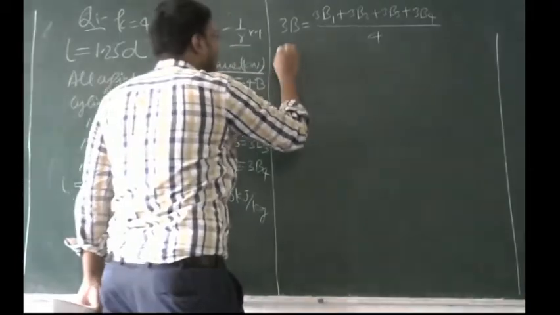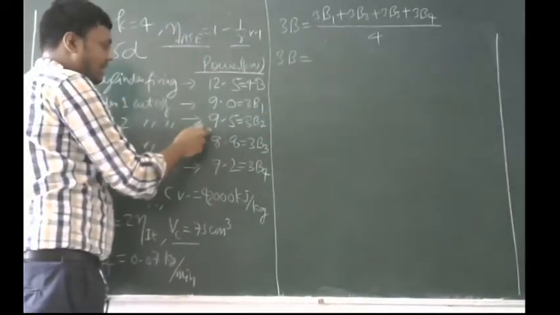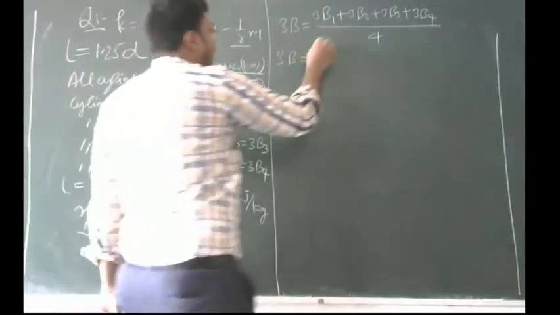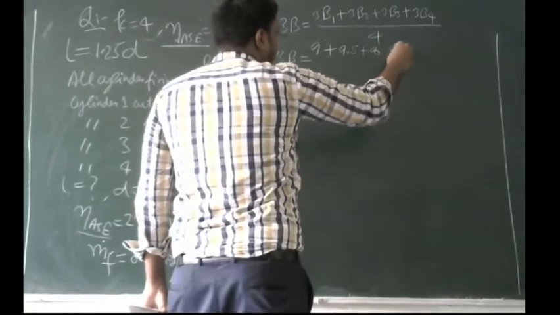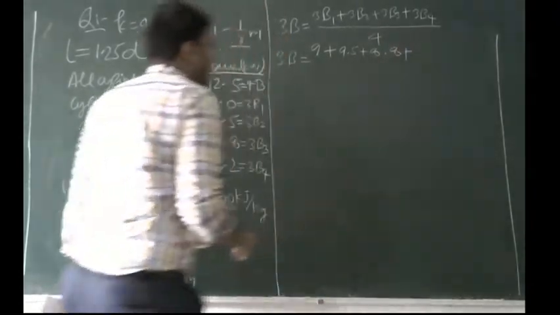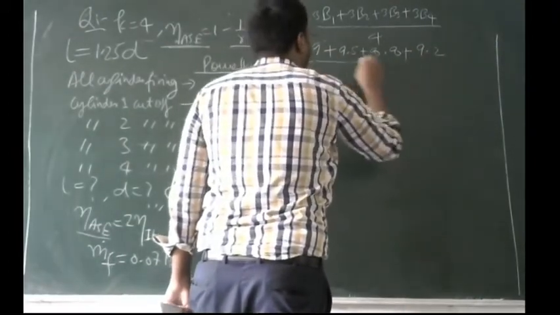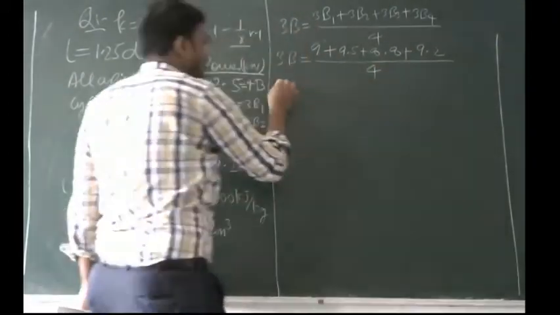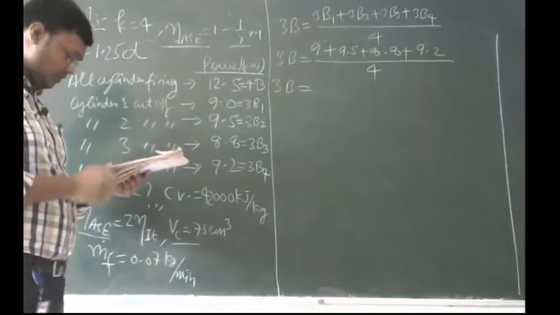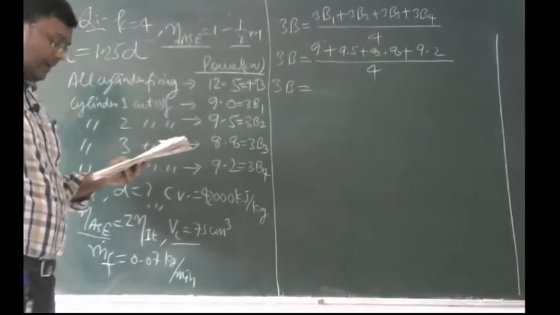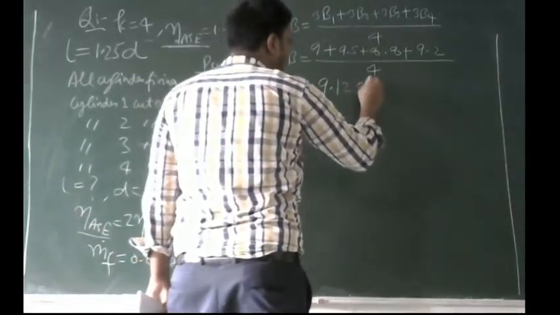Putting in all values, 3B is equal to 9 plus 9.5 plus 8.8 plus 9.2, divided by 4. So we get the value of 3B equal to 9.125 kilowatt.